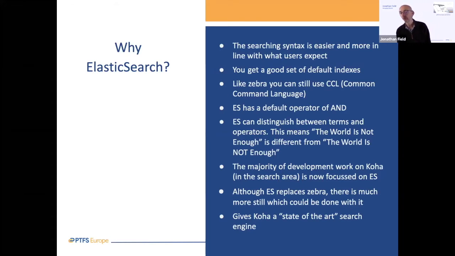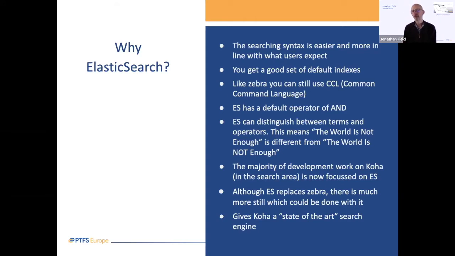Elastic's default operator is AND. Again, that falls in line with most enterprise search engines, things like Google and Bing. And Elastic easily distinguishes between what might be a term and what might be an operator. The example there: the world is not enough versus the world IS NOT enough.